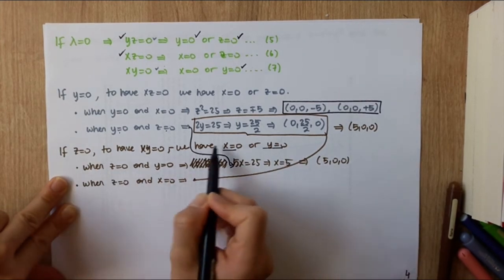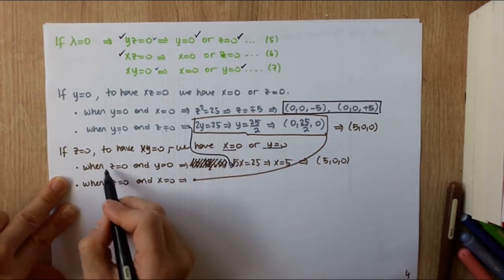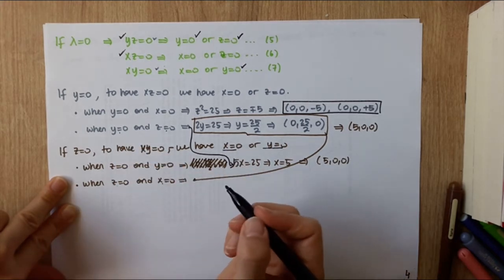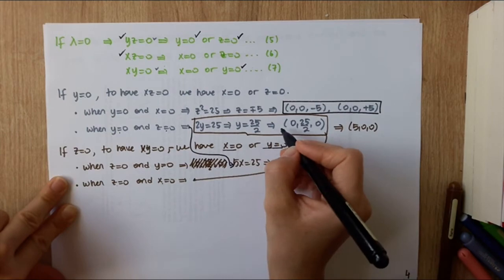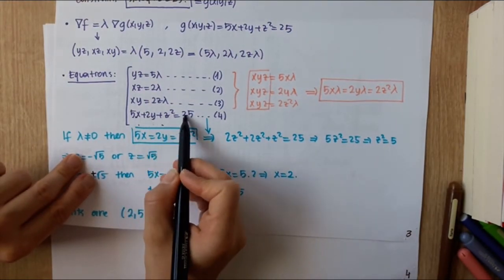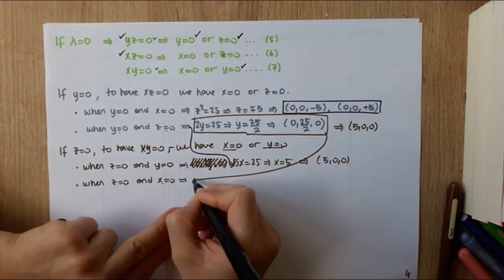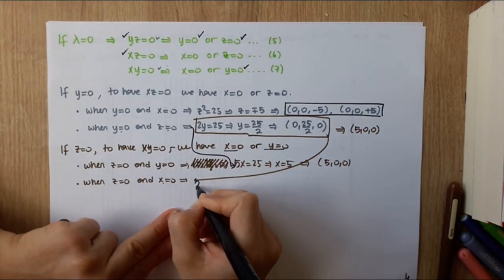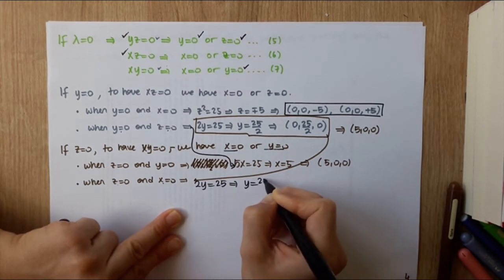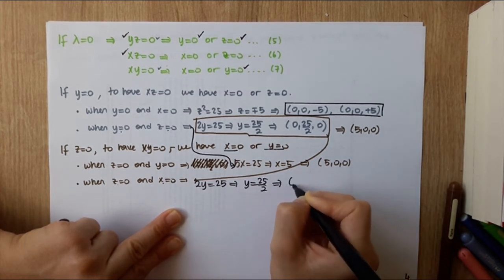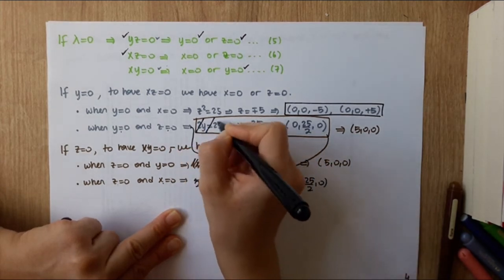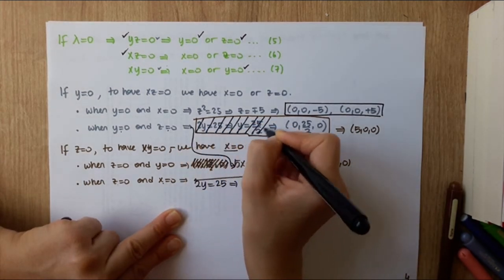When z is 0 and x is 0, because x and z are 0, 2y equals 25 here. I will write it one more time, 2y equals 25, so y equals 25 over 2, so the point is 0, 25 over 2, 0. So erase this.